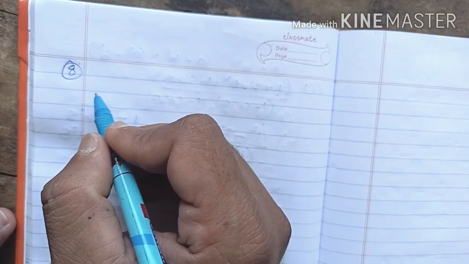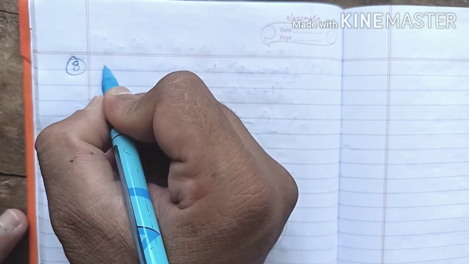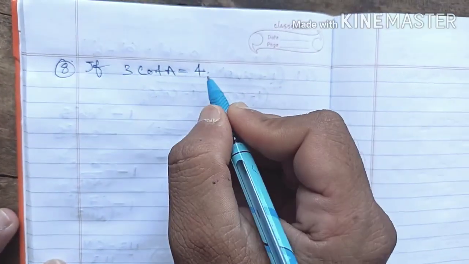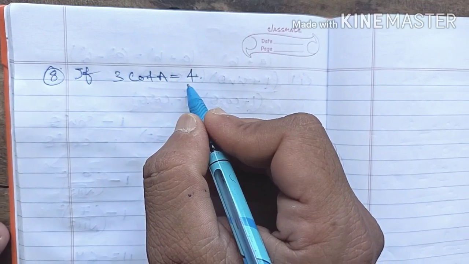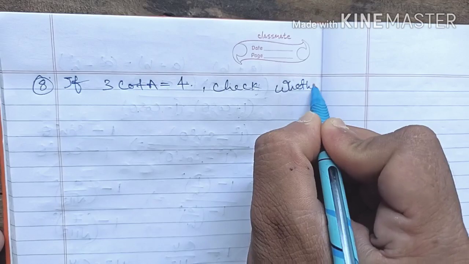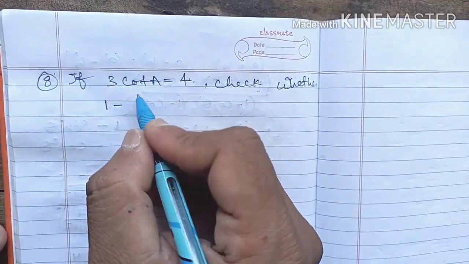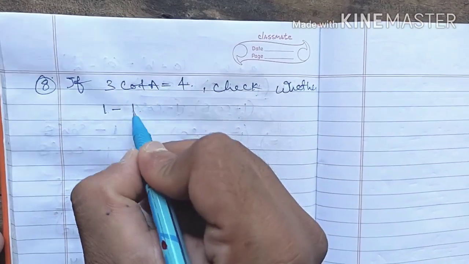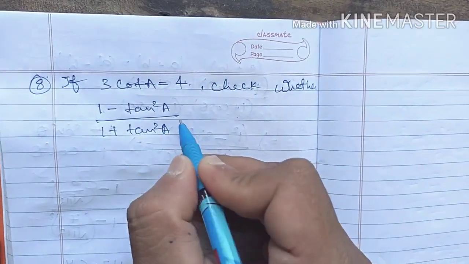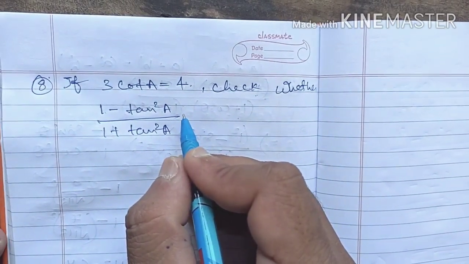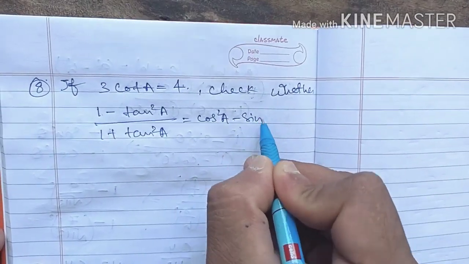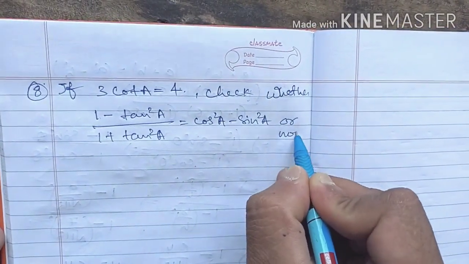In question number 8, it is given, if 3 cot A equals to 4, check whether 1 minus tan square A by 1 plus tan square A equals to cos square A minus sin square A or not.